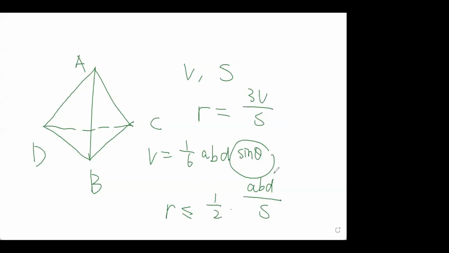Similarly, the area of triangle DAB plus the area of triangle CAB must be bigger than AD. If you sum them up, the surface area of ABCD is bigger than AD plus BD.